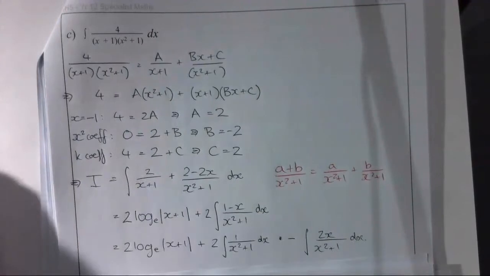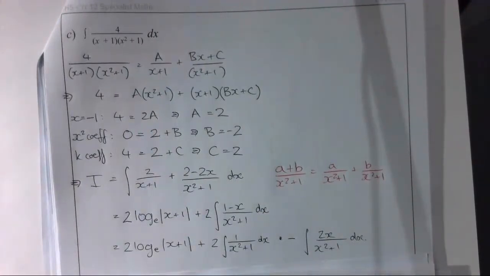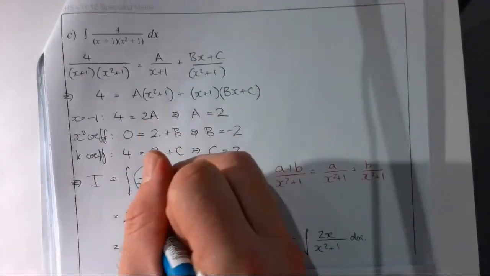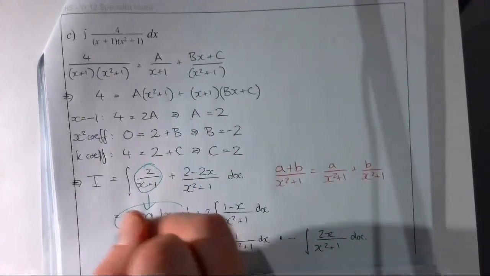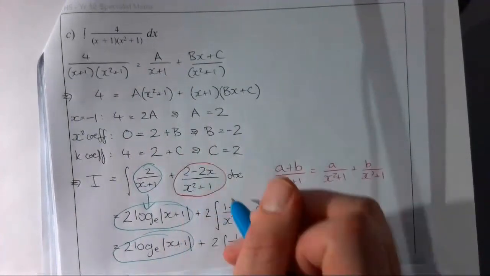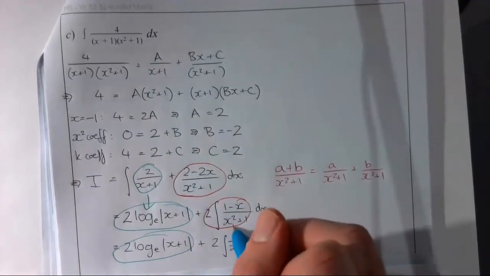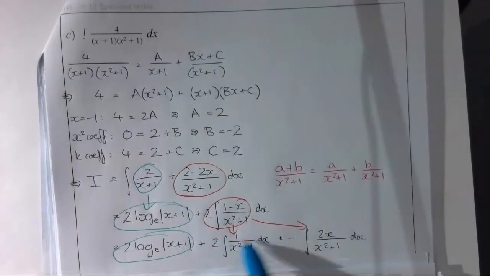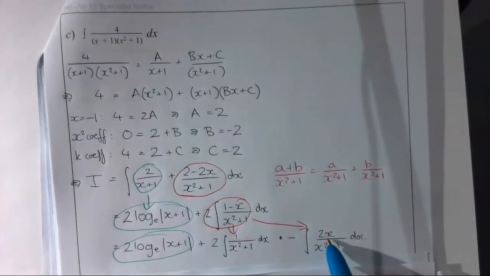So I've integrated the first term. This gives me this, but this term gets split into 2. So as I do my integral, I'm going to get 1 over x squared plus 1 and then 2x over x squared plus 1.